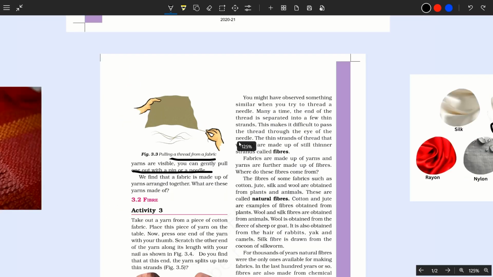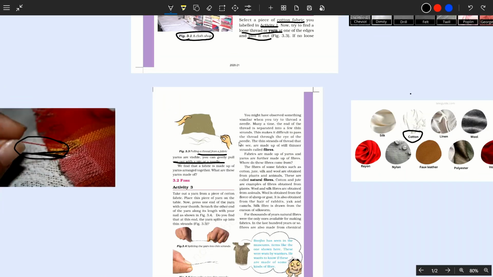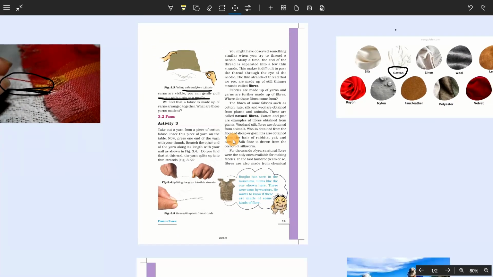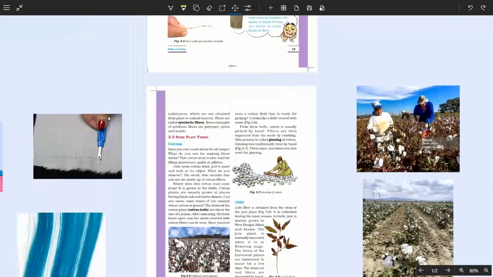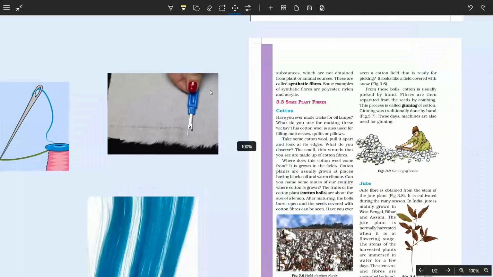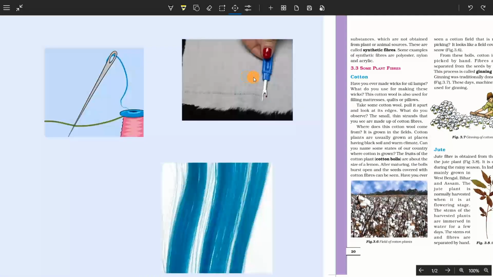Okay, I will show you a pin which you use. We are using a pin like this. Here you can see, with this pin you are removing the thread. This is the pin as you see in your houses also. This is the thread, and this is the yarn which you are removing from the cotton cloth. Okay.